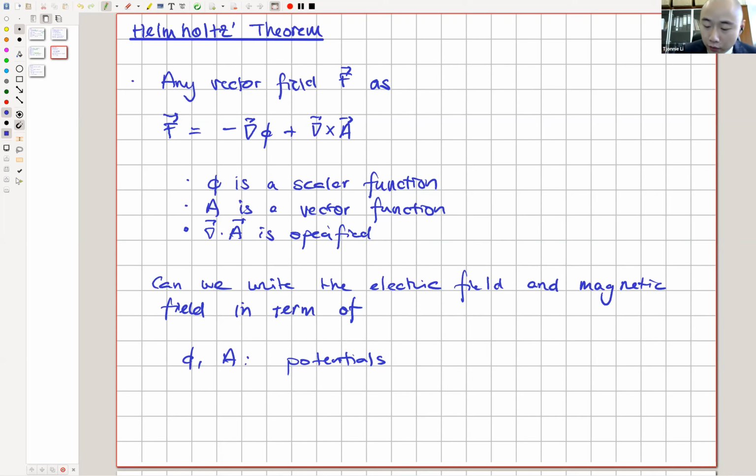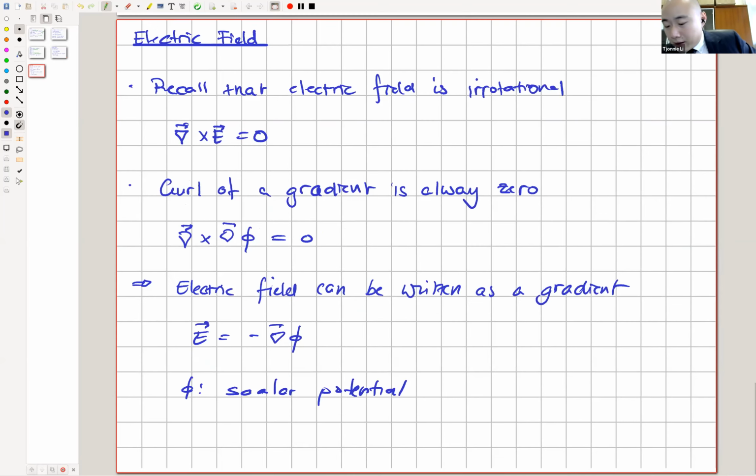That opens the door for a lot of calculations. We can make calculations much easier by considering only a scalar field rather than a vector field. A vector field has three components, has direction and everything, whereas a scalar field is simply a number at a position in space.